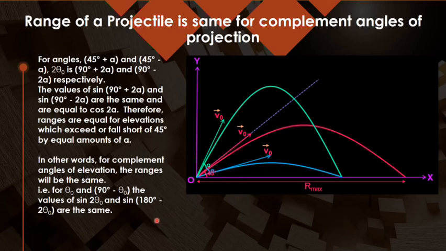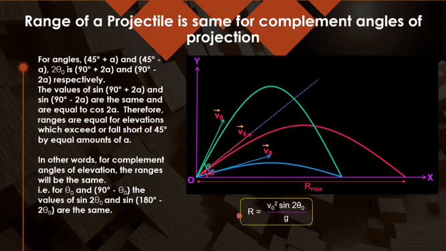So you can be asked the question: for what angles of projection does the horizontal range come out to be the same? That can also be one of the questions. Of course you can always prove it by using this formula of the horizontal range.